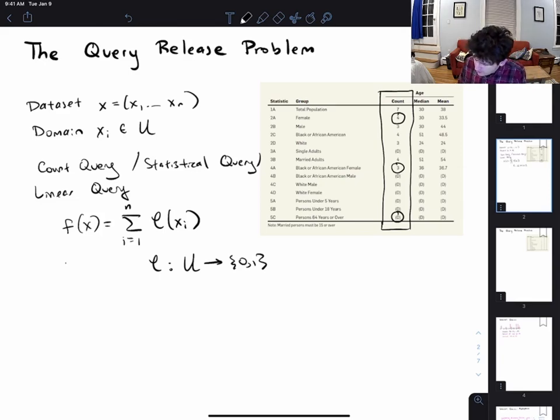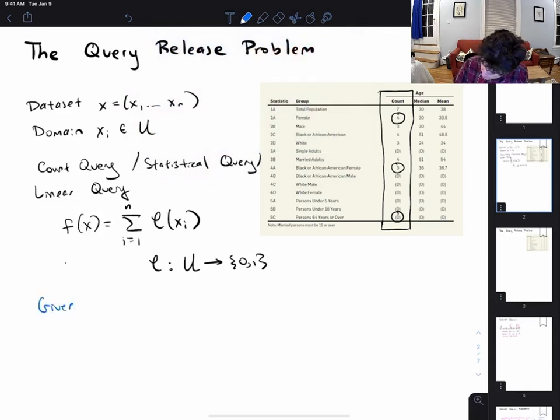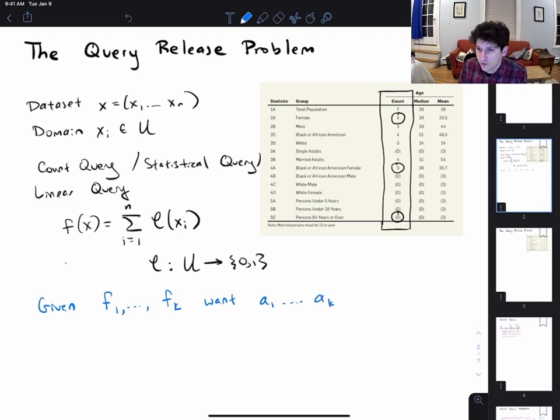And in the query release problem, what we're given is a bunch of queries f1 through fk, and we want a set of answers a1 through ak such that every answer is close to the corresponding query.